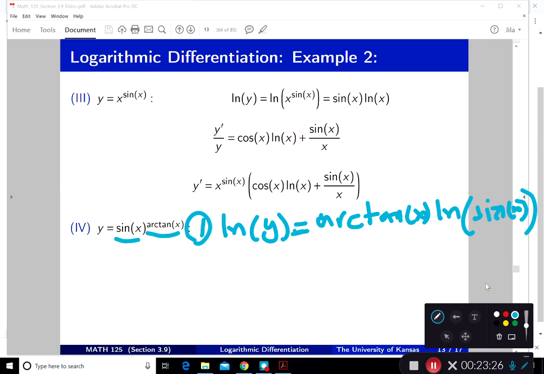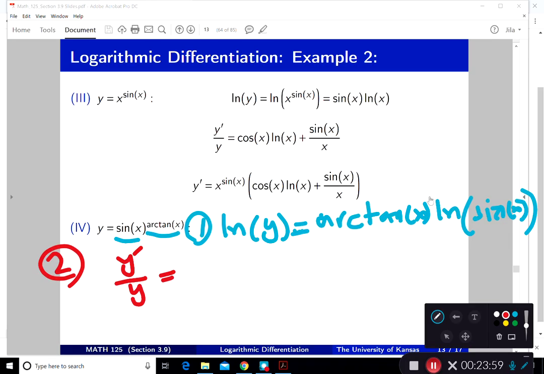And then when you're taking the derivative, which is step 2, you have to remember the derivative of natural log of y is going to be the derivative of the outside, which is 1 over y, times the derivative of the inside, which is implicitly dy dx, which is going to be y prime over y. Then you will have a product rule in here, and that would be arctan of x.